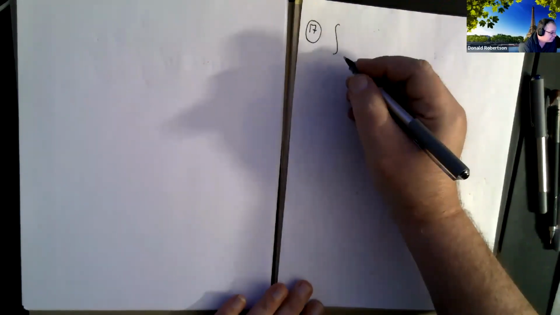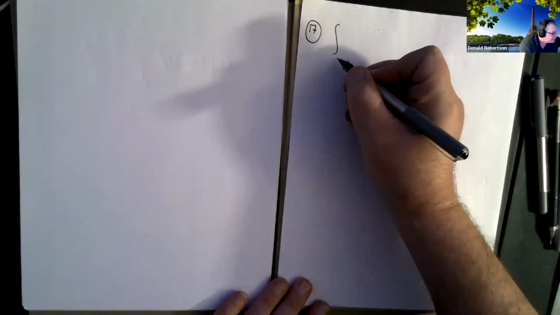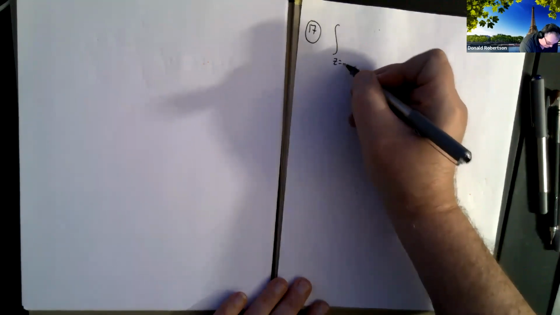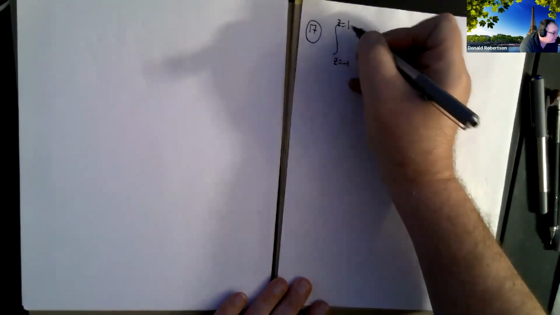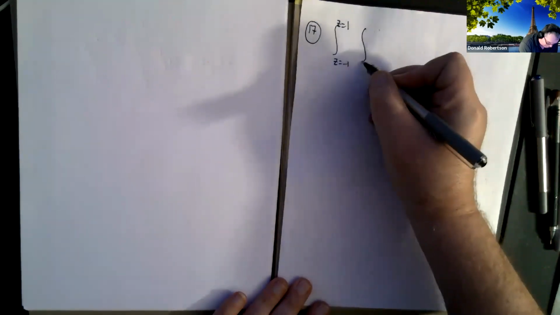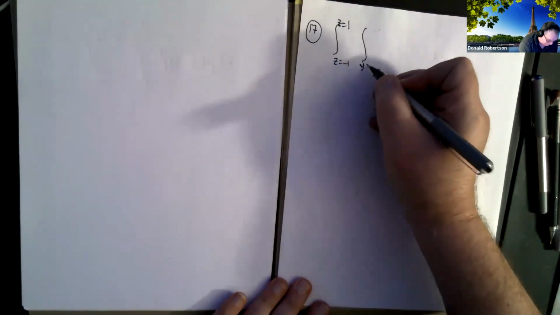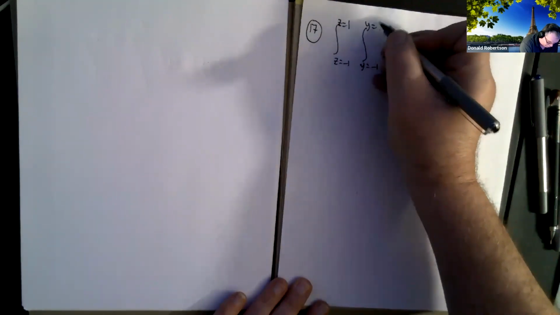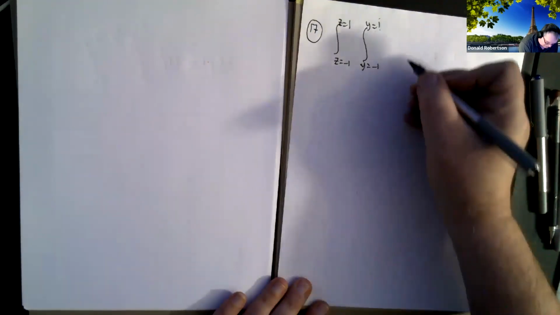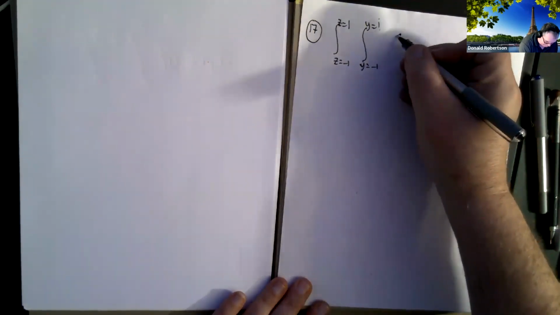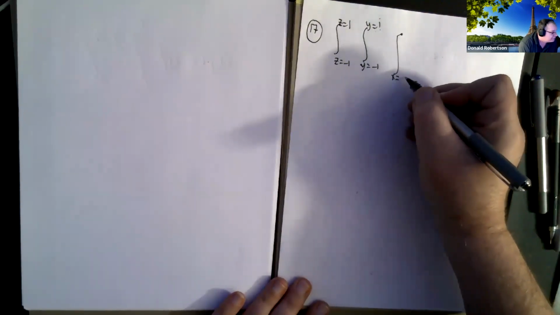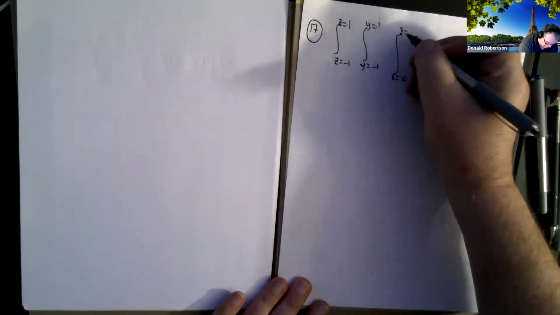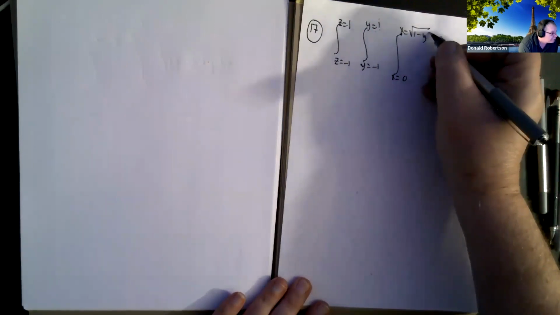We're given a triple integral to do. It's z equals -1 to 1. And there was a change to make it more realistic, and it was just to change the y's to -1 and 1. And then the x's are 0 to the square root of 1 minus y squared.